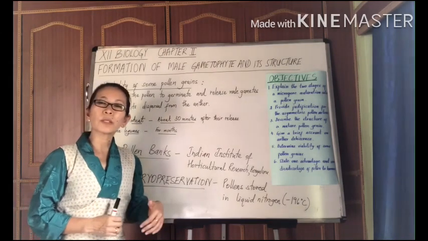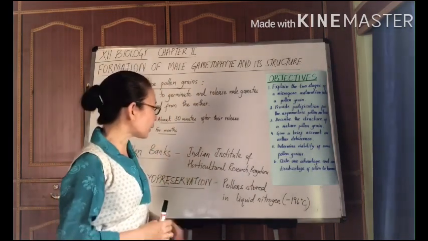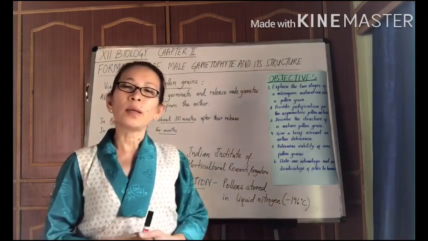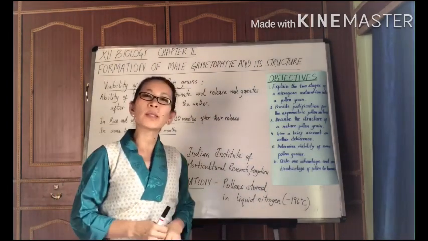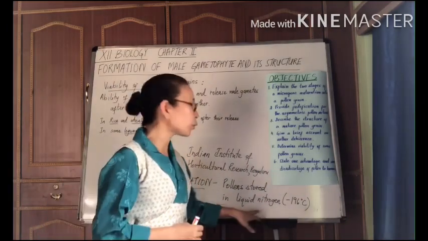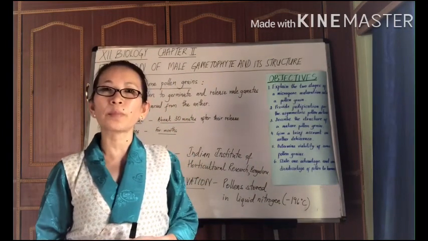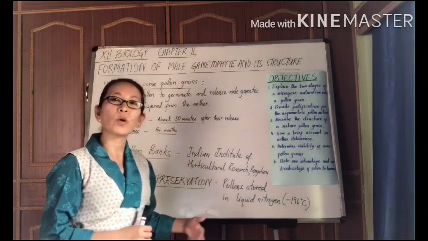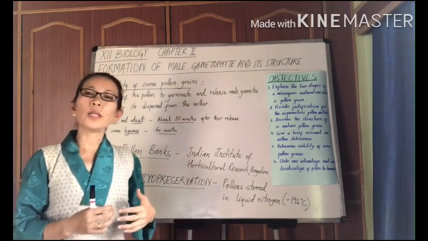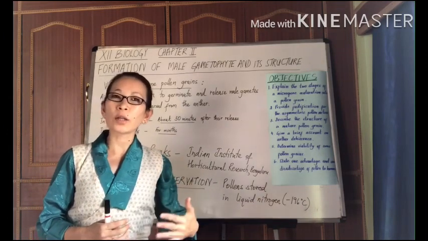Okay, so cryopreservation, to give you a simple understanding, is how we store, in this case, the pollen grains at an extremely low temperature, that is in liquid nitrogen at minus 196 degrees Celsius. This is how we can also understand that pollen grains need to survive in an environment which could sometimes get harsh.